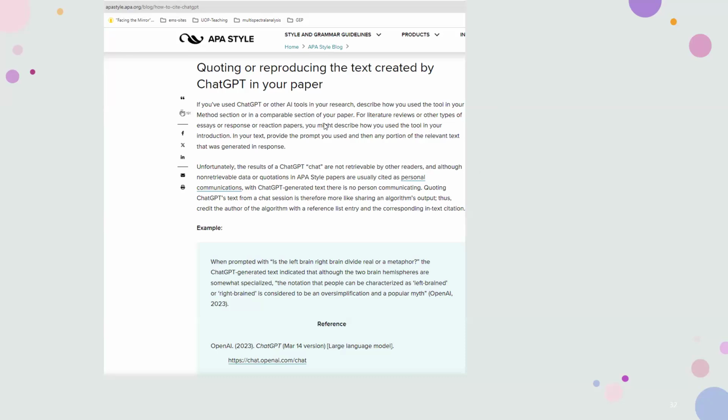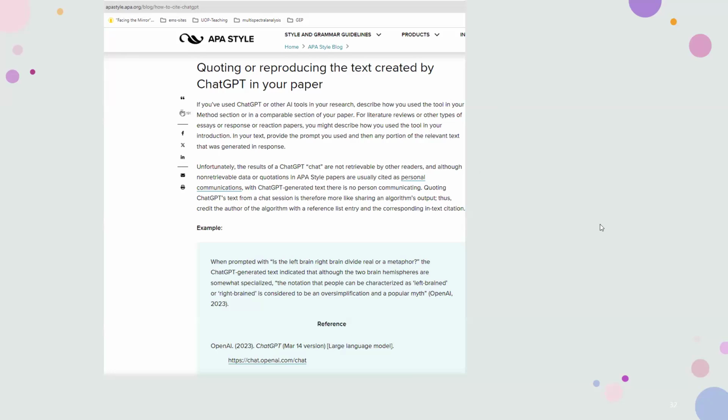So it was immediately considered for scientific writing. And now almost every journal would have a policy around how you should quote or cite if you are using generative AI tools in your work.